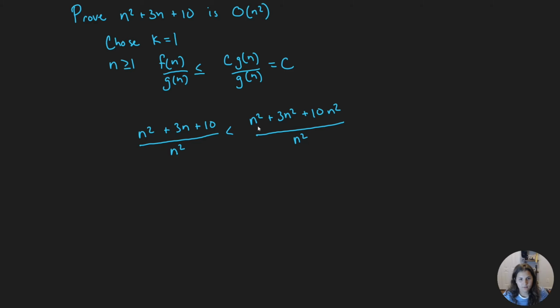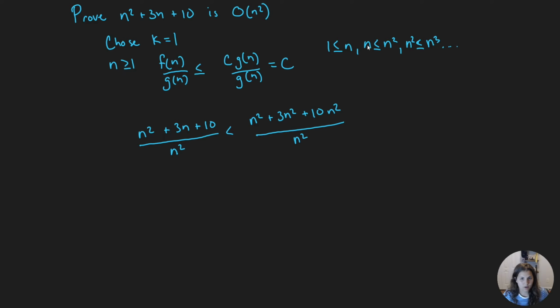And why is this? Because when we're saying that n is greater than or equal to 1, that also implies that 1 is less than or equal to n, and n is less than or equal to n squared, and n squared is less than or equal to n to the cube, and so on and so on. And that's true, right?